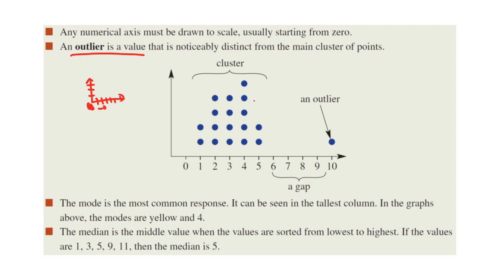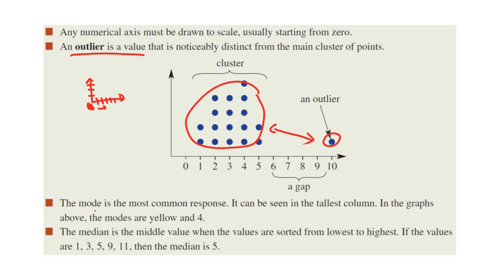Most of the data is clustered over here, whereas this one is just away from it. So there is a gap between most of the data and this single dot. This is known as an outlier, and this is where the main cluster of the data lies, and this is the gap between the outlier and the main cluster.